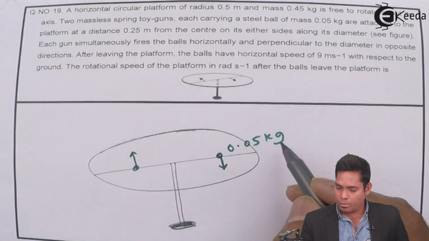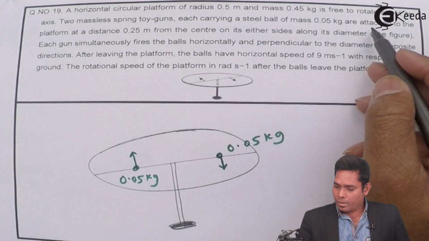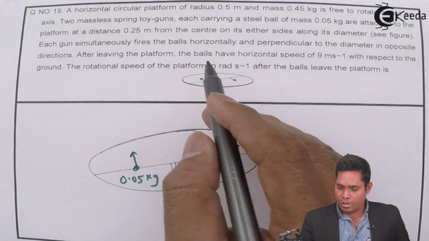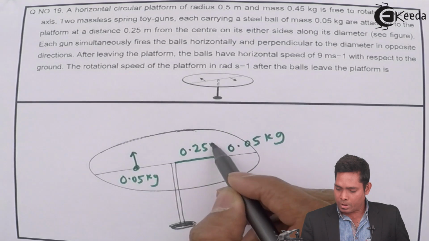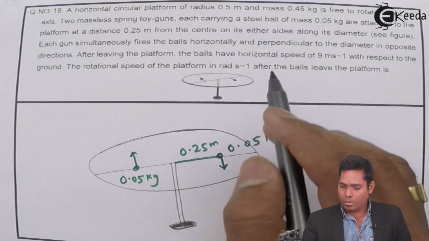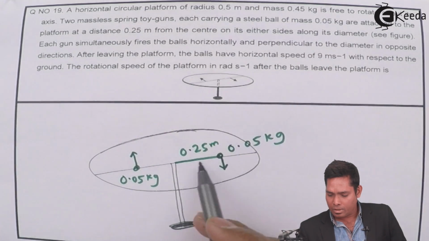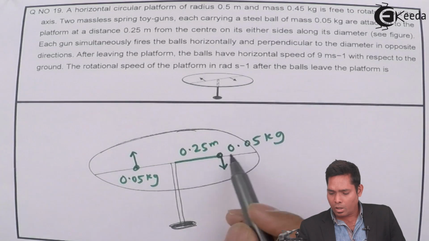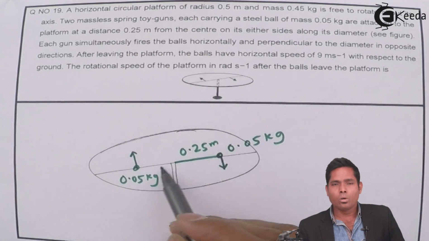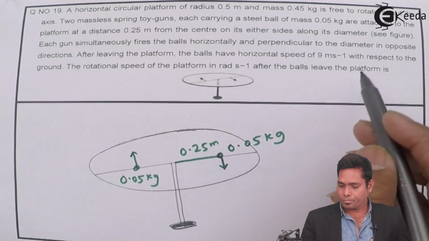They are attached to the platform at a distance of 0.25 meter on both sides from the center along its diameter. This radius is 0.5 meter, so at the halfway mark there are two balls placed here and they have to be fired.